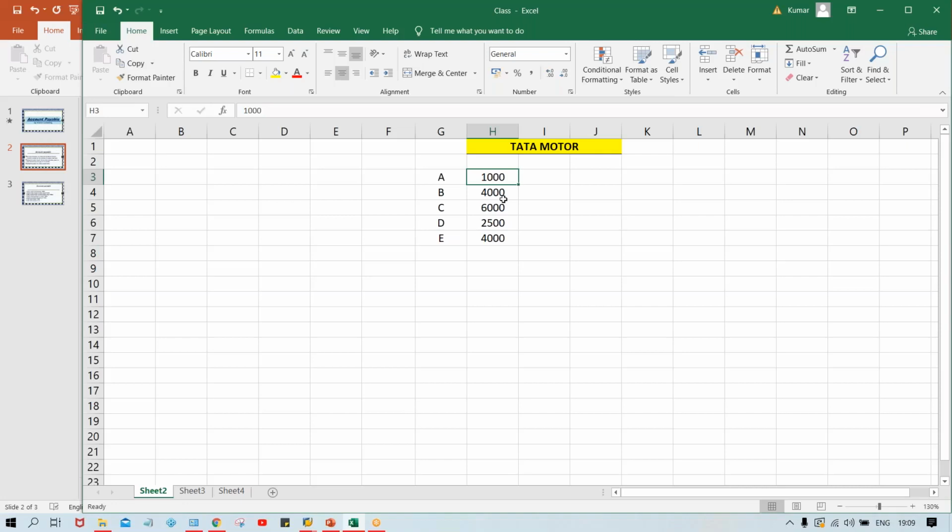I'll tell you one more thing here. Generally, if you talk about an individual, if you or I have to purchase something, we simply visit the market. Let's suppose you have to buy a laptop. You'll visit 4 or 5 shops and collect some quotations, in the sense some small pamphlets they share with you.